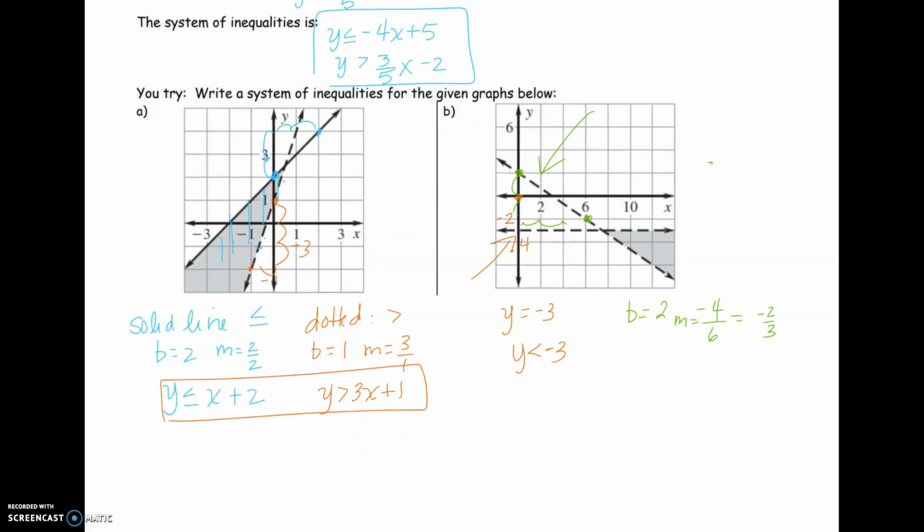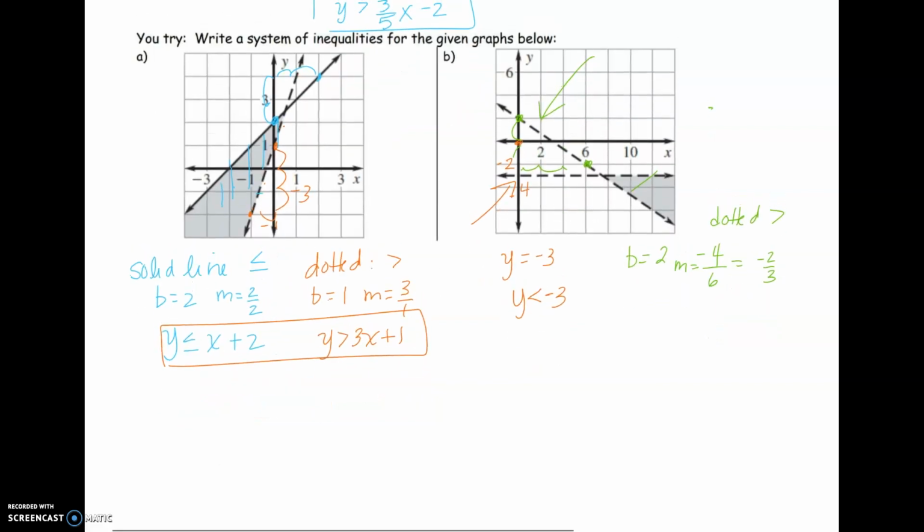It's also a dotted line, and it looks like it's shading things above, so that's going to be greater than. So that means my equation is y is greater than negative 2/3 x plus 2.